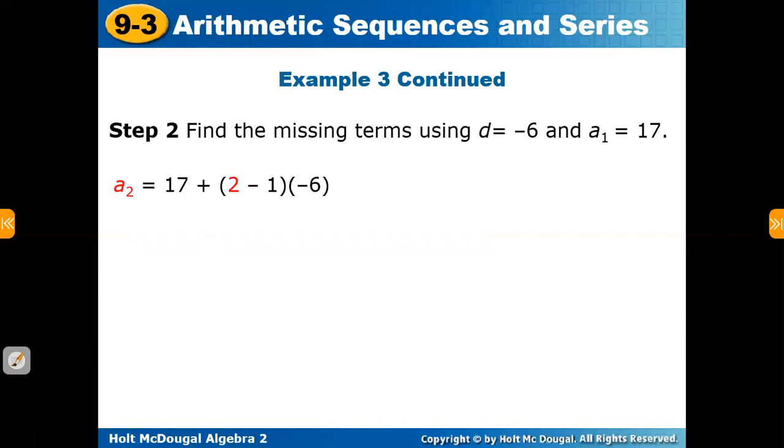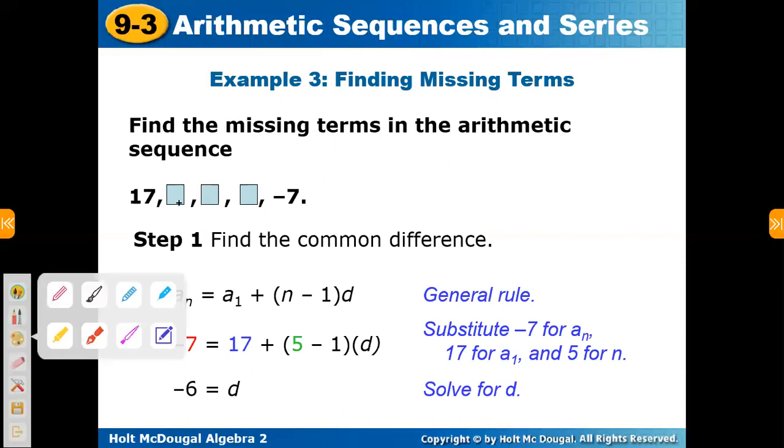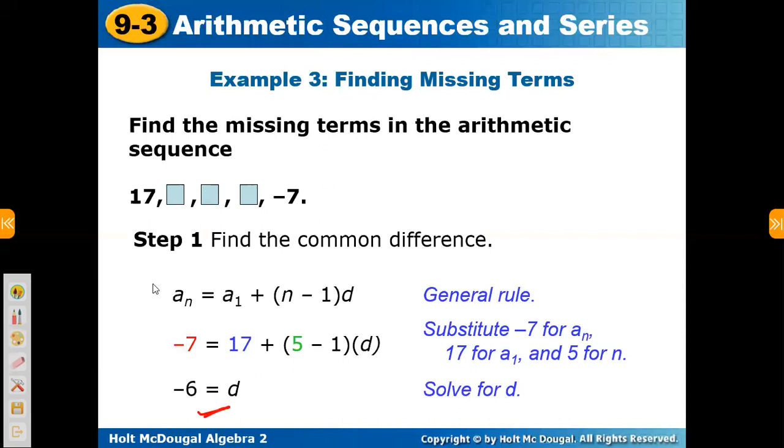Then, once I find d, there are two ways of getting the answer. Since I have the first term, I can simply add the common difference to this. That means 17 is there, so I will add plus minus 6, which will give me 11.